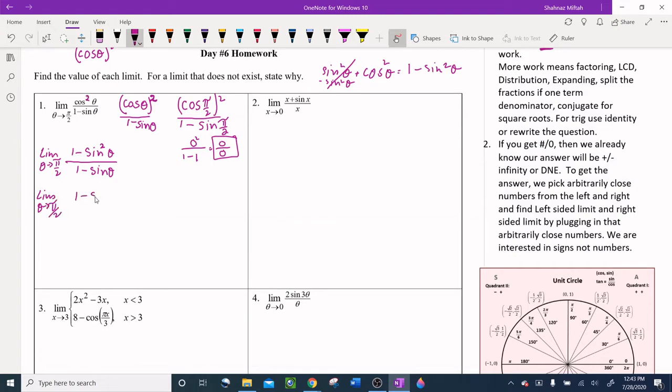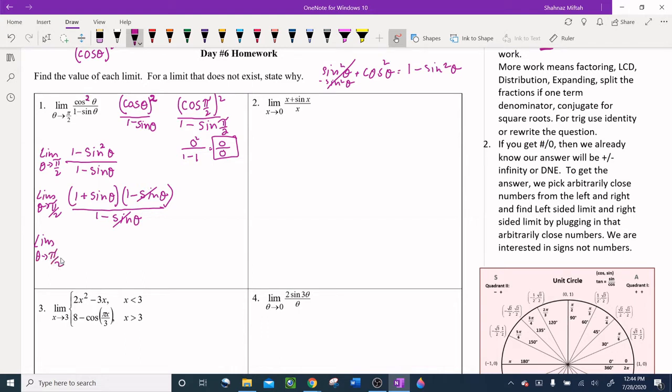I have 1 plus sine theta and 1 minus sine theta, because sine square means the whole thing is in the parentheses squared. One positive, one negative, and the bottom is 1 minus sine theta. So they cancel out, and I'm left with the limit as theta approaches pi over 2.